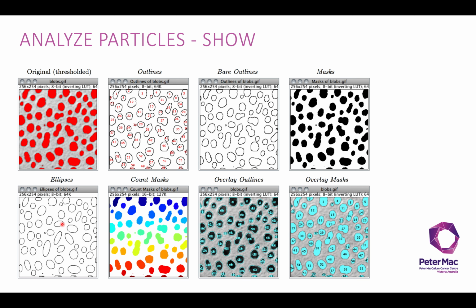We have a representation showing you ellipses. We have count masks with different colors for each of the objects. Here we've got overlay outline, so it overlays on top of the image an outline with a number. And again, we've got overlay masks. And again, in our activities, we'll be using this masks option.